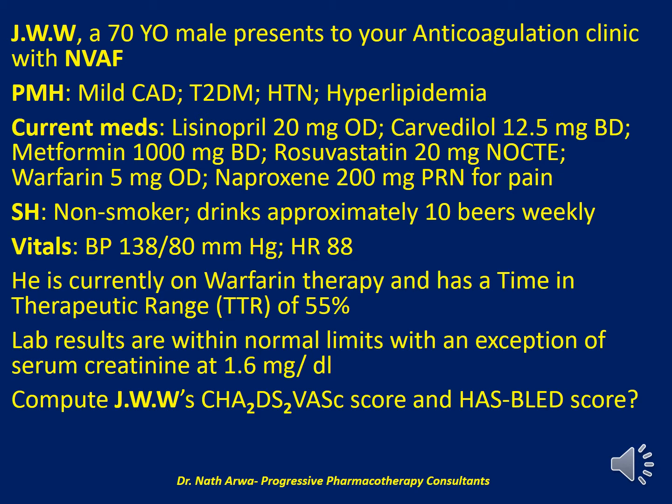The lab results are within normal limits, with an exception of serum creatinine, which stands at 1.6 milligrams per deciliter. So my task to you is to compute JWW's CHA2DS2-VASc score and his HAS-BLED score.